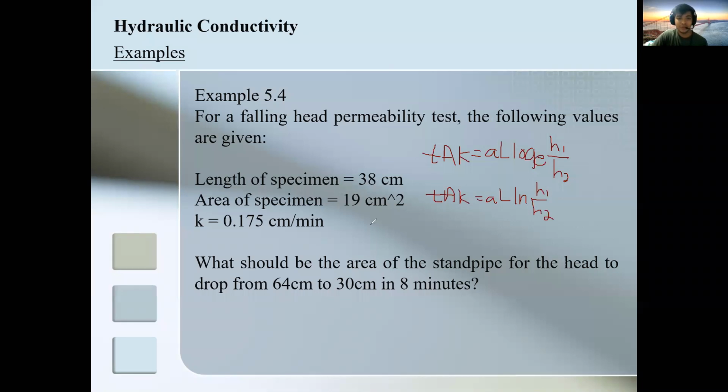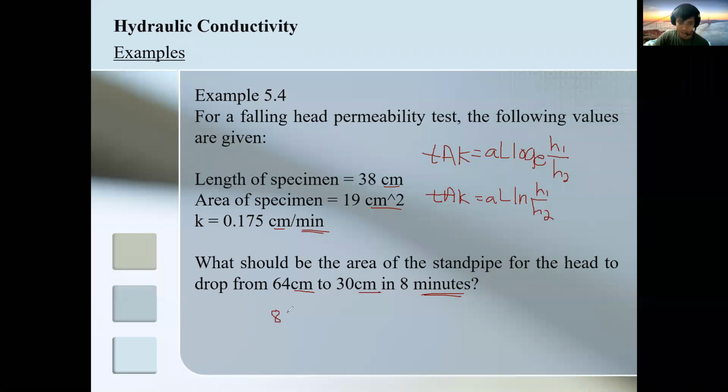So, looking at the given data: what should be the area of the standpipe for the head to drop from 64 cm to 30 cm in 8 minutes? Looking at the data, it's all cm and all minutes, so there's nothing to convert in this problem, which is nice.